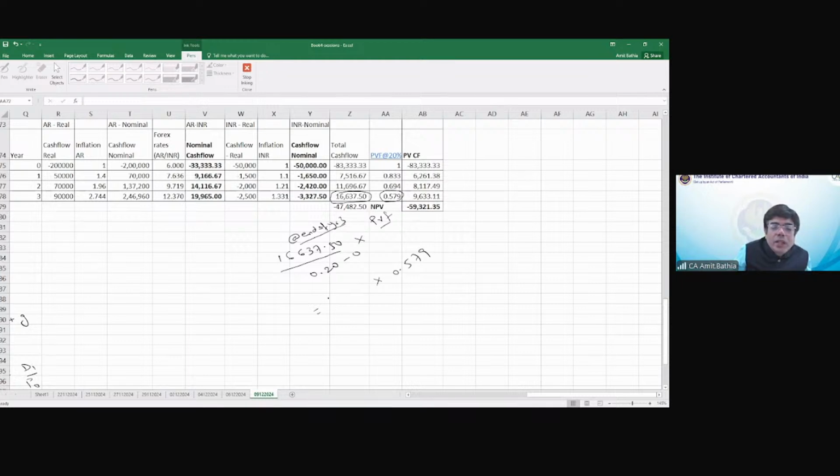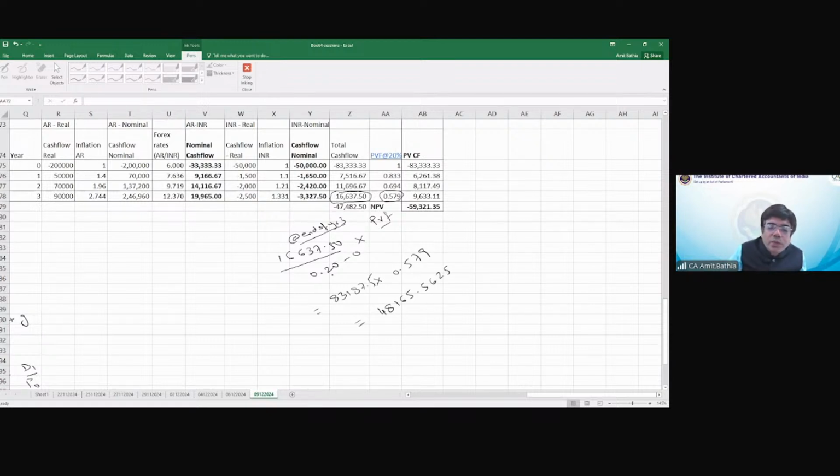Now this value is obviously not 20,000. This value will come as 16,637.50 divided by 0.20. That comes to 83,187.5, into 0.579. That gives 48,165.5625.